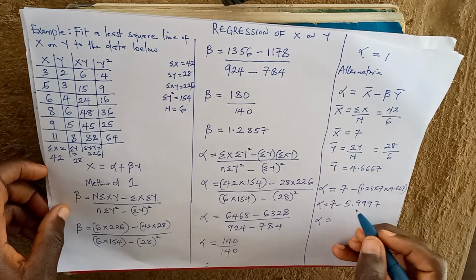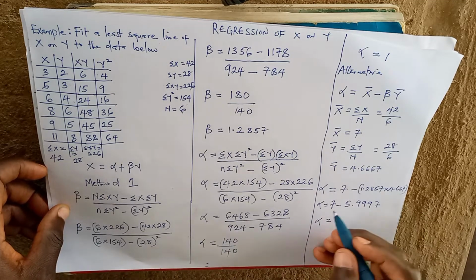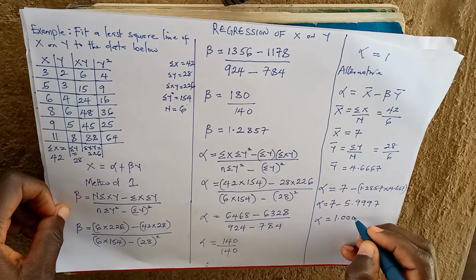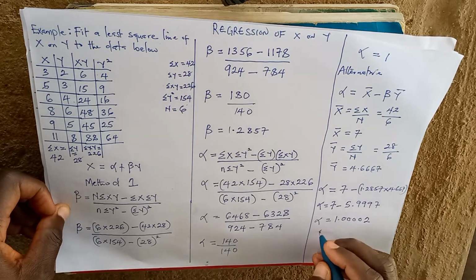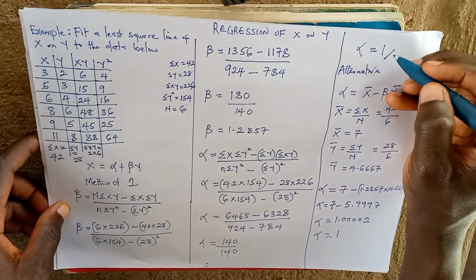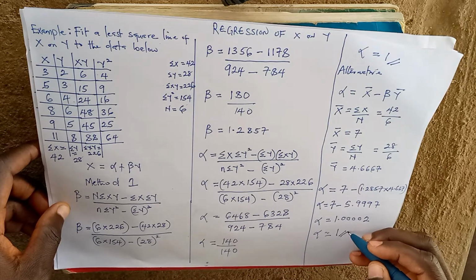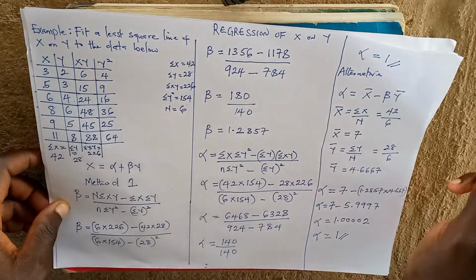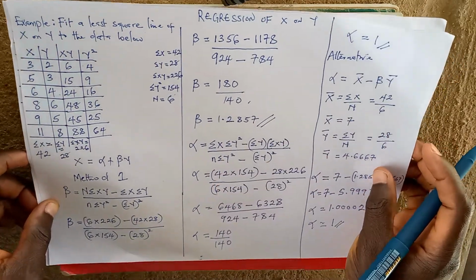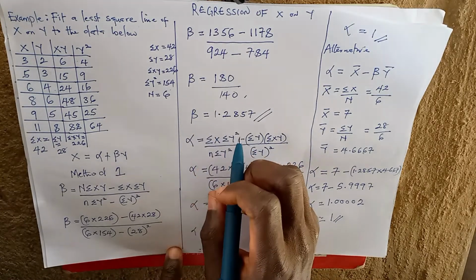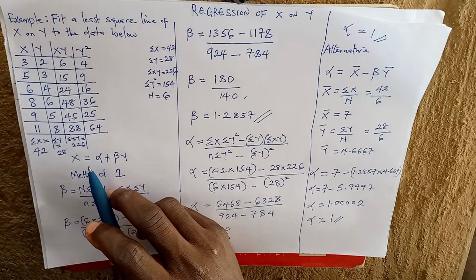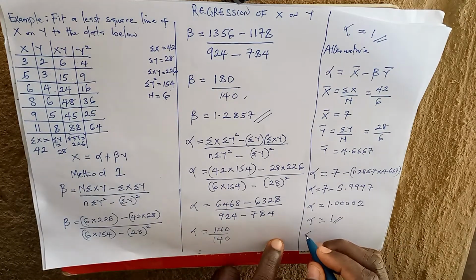Subtracting this from 7, we have 1.0003, and approximating it, we have 1. You can see right here we have alpha to be 1, and at the same time we got alpha to be 1 here. Our beta, which is the slope, remains the same, which is 1.2857.